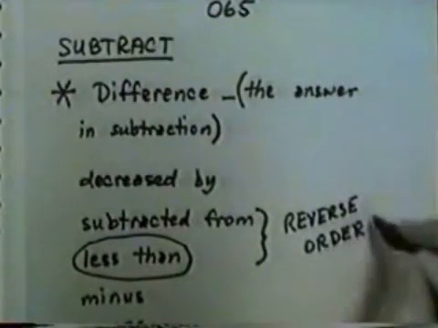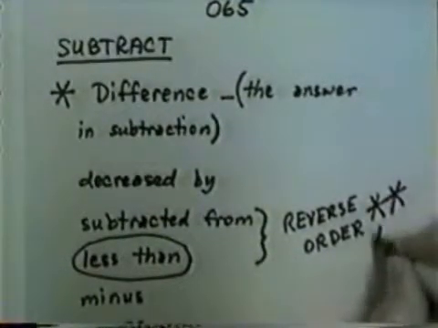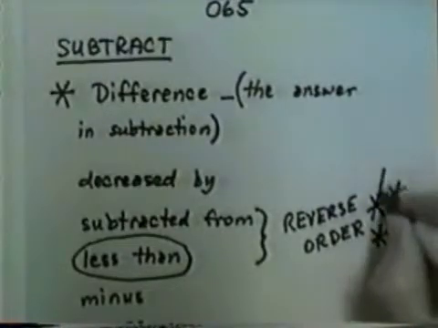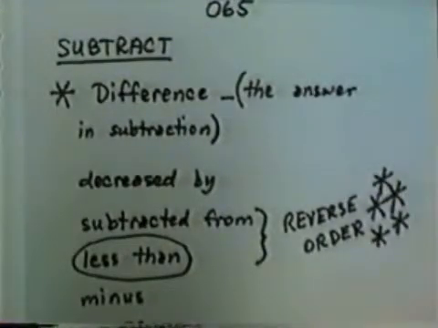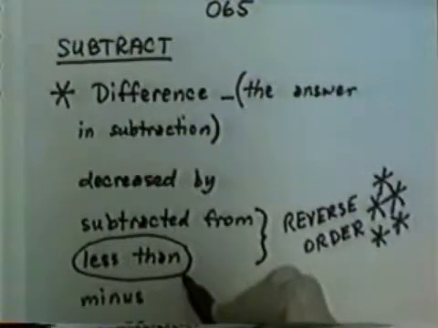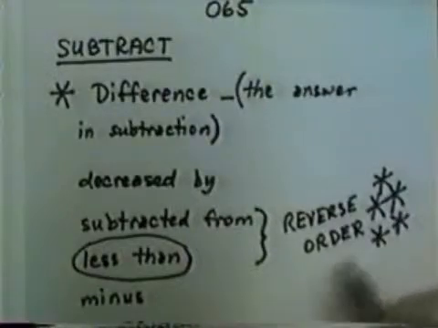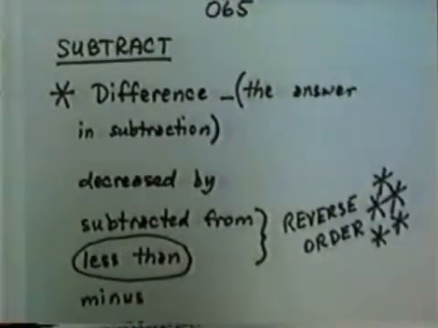I'm going to star this. Really, this needs lots of stars. This is a tough one to remember, but once you catch on to it, it's easy. Recognize that less than is a reverse order. Big red flag here with less than.